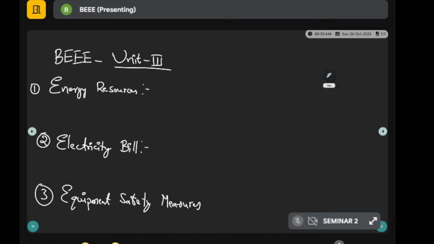As far as your syllabus is concerned, we are generating power by using water, that is hydro, and coal, that is thermal, and by using nuclear energy, and wind.